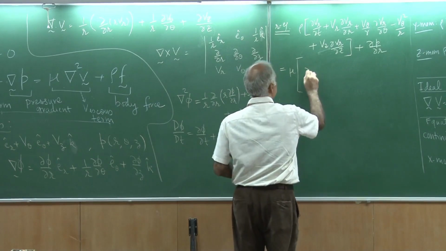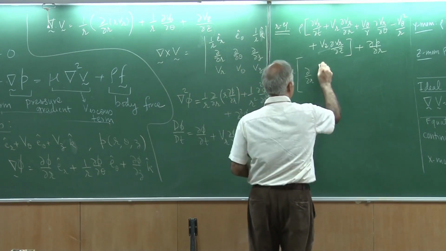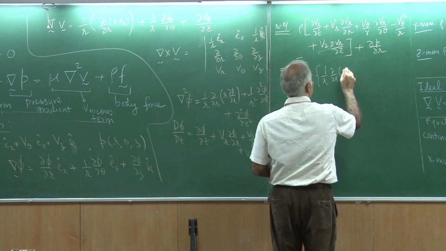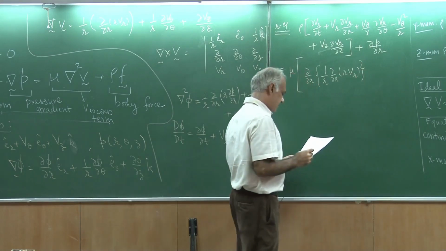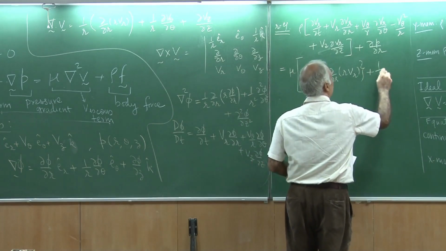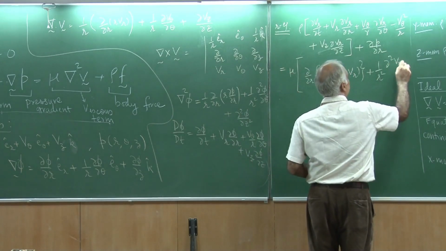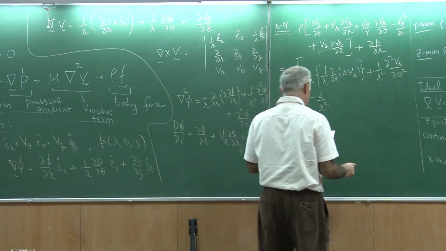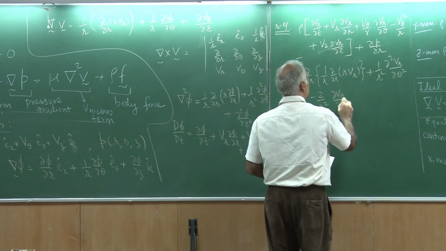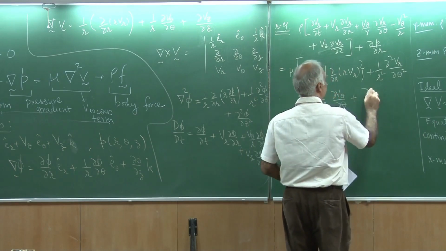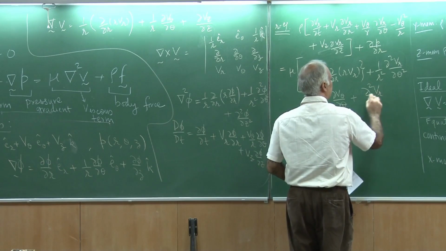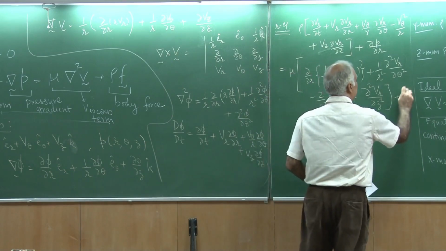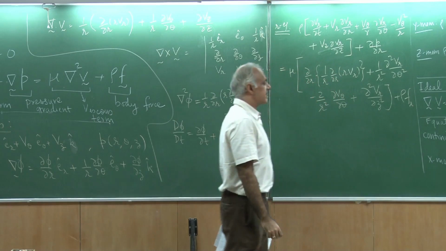So that would be mu times first the r derivative, the radial derivative, so 1 by r del by del r of r Vr, and then 1 by r square del square Vr by del theta square minus 2 by r square del V theta by del theta plus the final term for Vr, del square Vr by del z square, this plus rho times the body force in the radial direction.